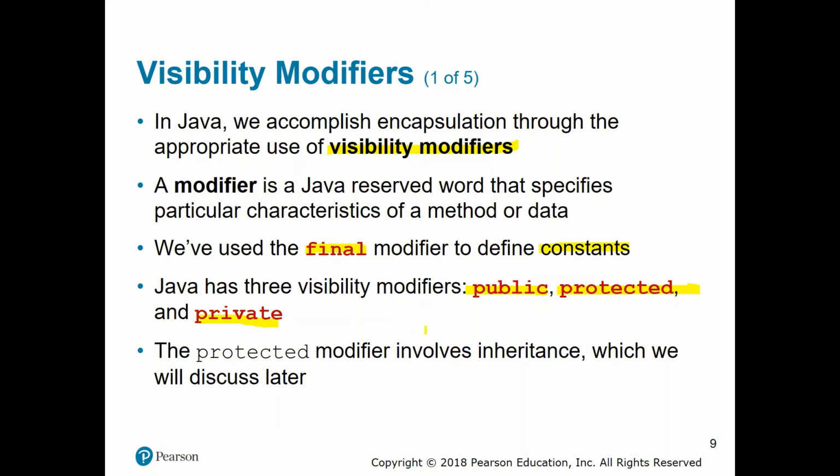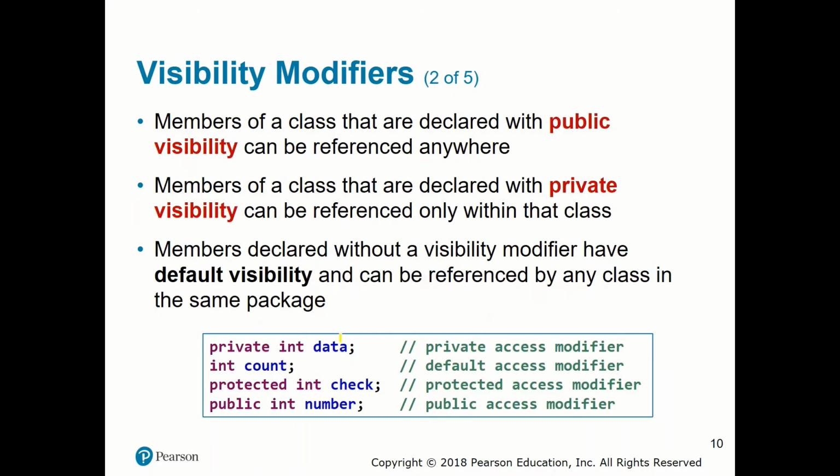So now I hope you understand public and private. I'll explain more. Members of a class that are declared with public visibility can be referenced anywhere. Members of a class that are declared with private visibility can be referenced only within that class.